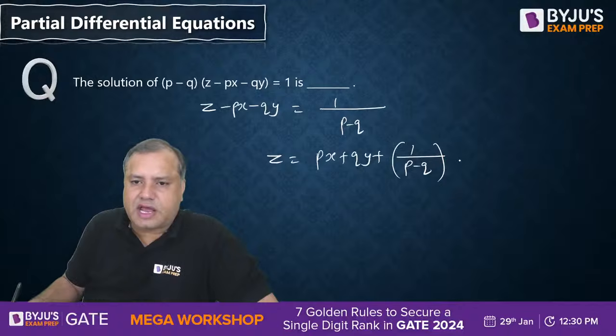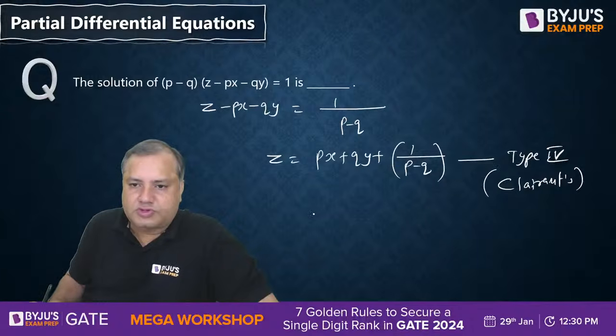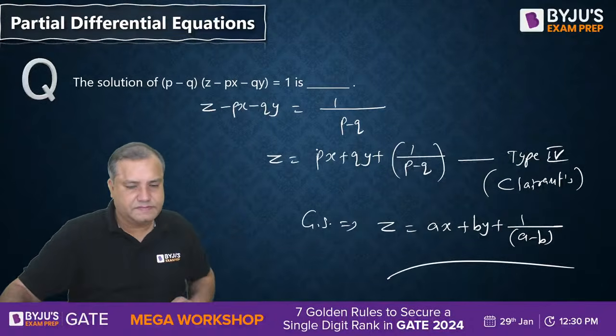So this is again Clairaut's form. So its general solution is Ax plus By plus 1 upon A minus B. That's it.